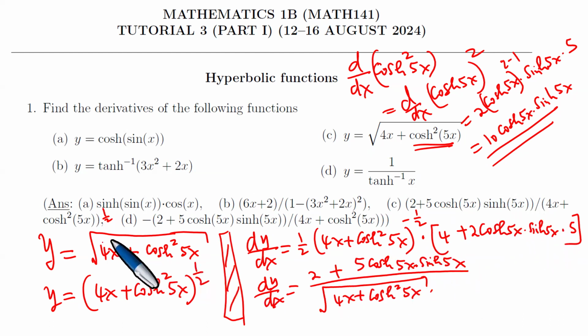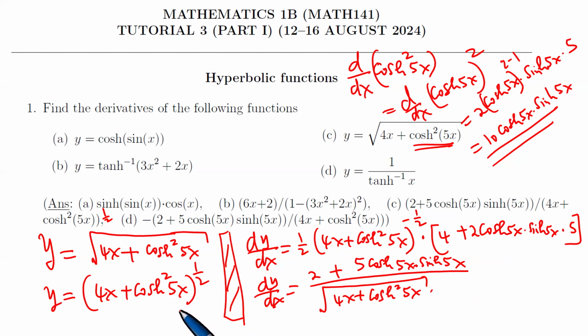Because whenever we started with the square root and it brought to the power 1/2, we brought down the 1/2 and then we subtracted 1. Like we had 1/2 minus 1 as the exponent, and then we multiplied by the derivative of the inside of the function. We continue. But we're just doing the TAT questions, and then we shall spend time on a lot of the other questions as well.